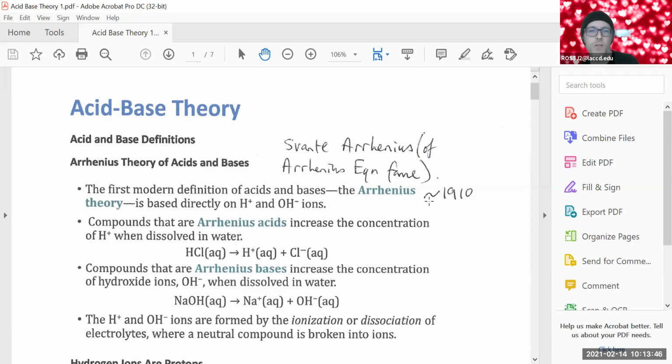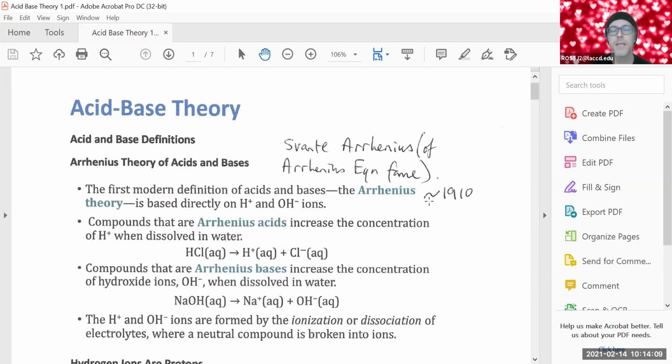First off, we have the Arrhenius definition of an acid and a base, from the Swedish scientist Svante Arrhenius, same Arrhenius from the Arrhenius equation. This was formulated around 1910-ish.